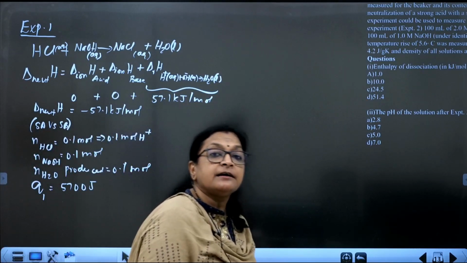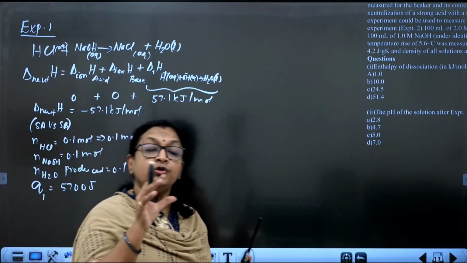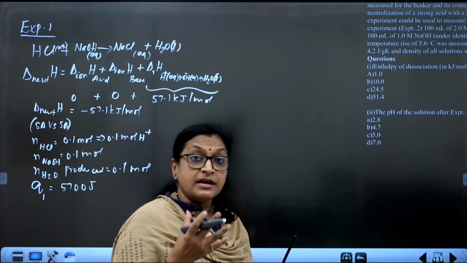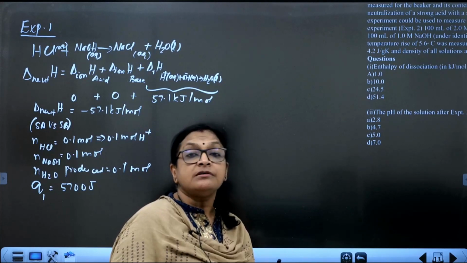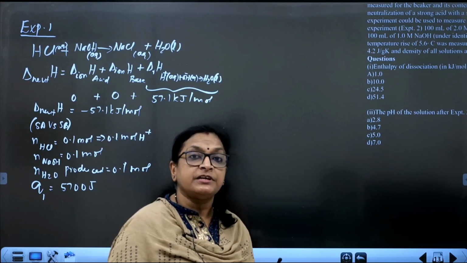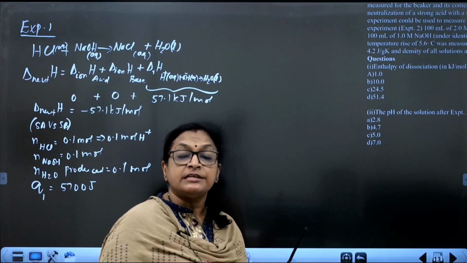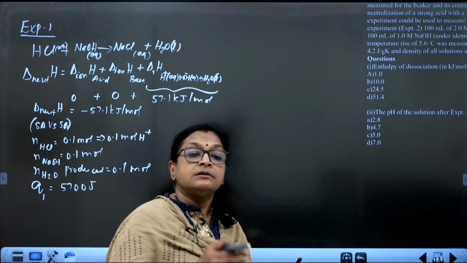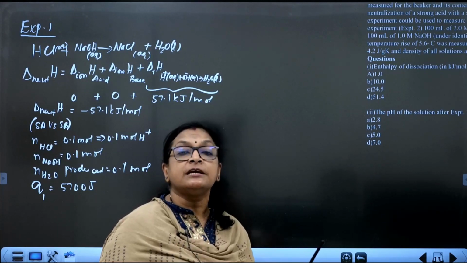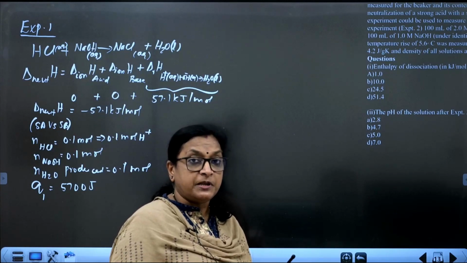And this data can be used. Using this heat, the contents in the calorimeter had a temperature rise of 5.7 degree. Using this data, you can get the calorimetric constant, which is essential for the second part of this problem, experiment 2.